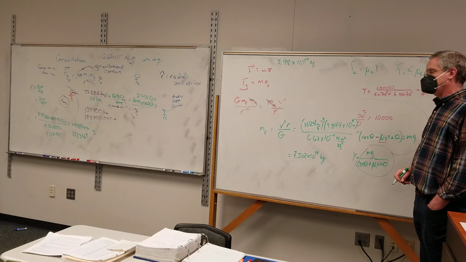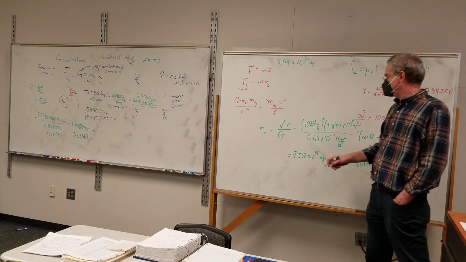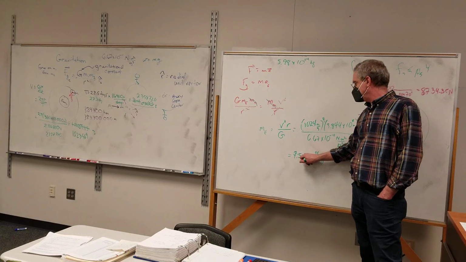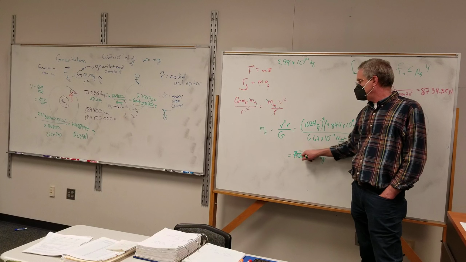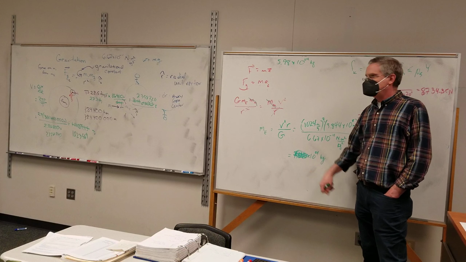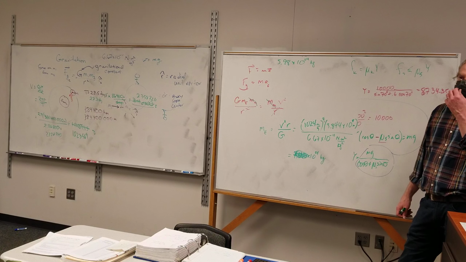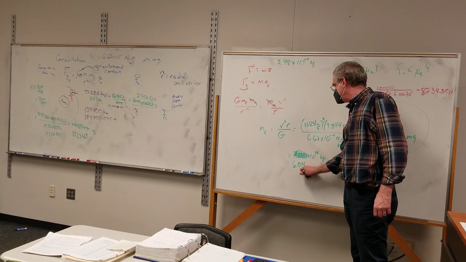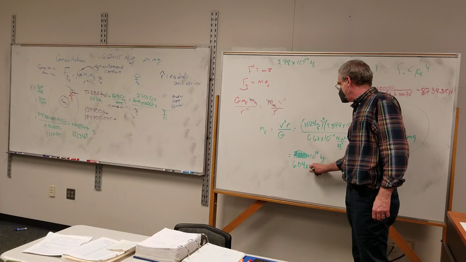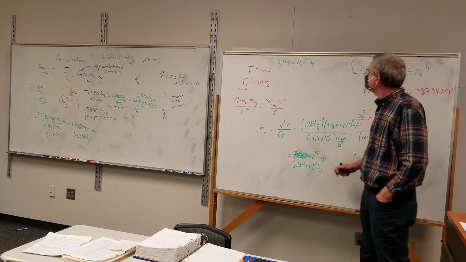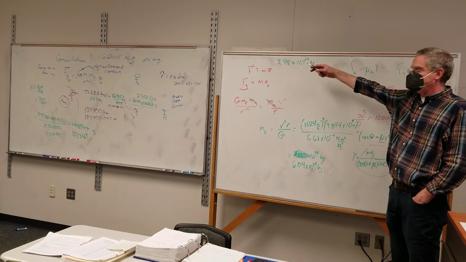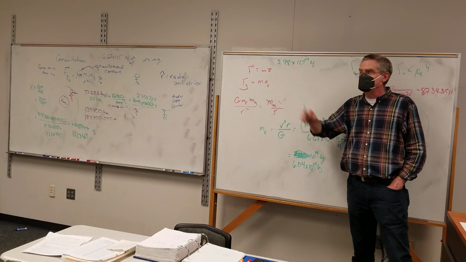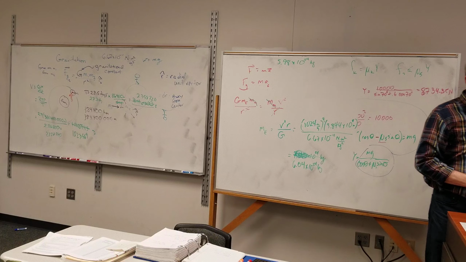I still find it hard to believe it's gonna make up for the 25% we are off. 6.04. Oh. Times 10 to the 24th? Yes. Okay. So, that's right. That made up for, well, that puts us a lot closer to this. Let's just assume that's right.